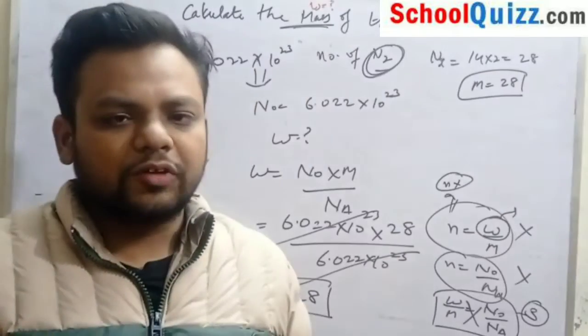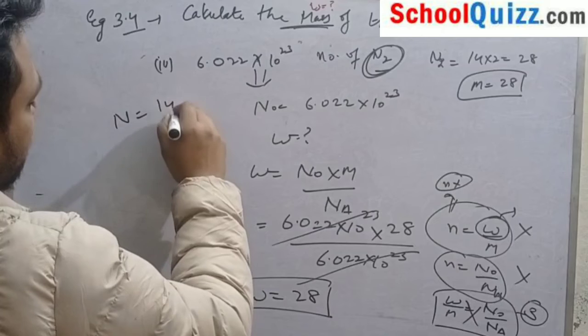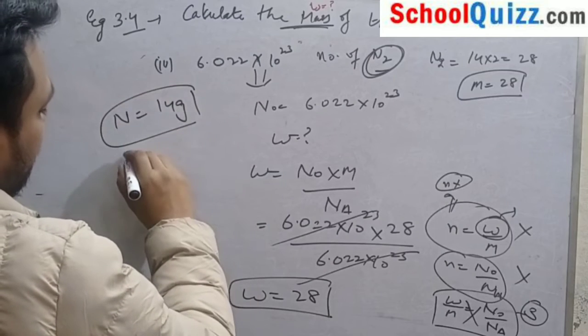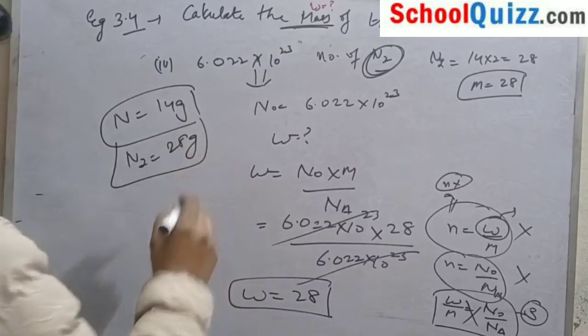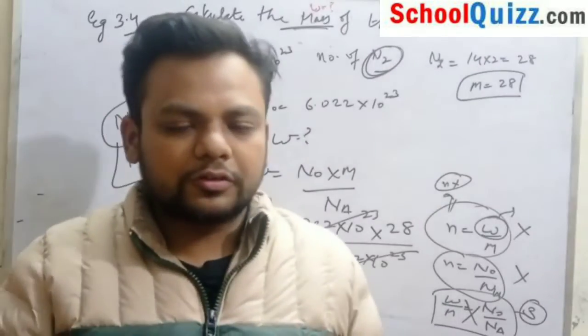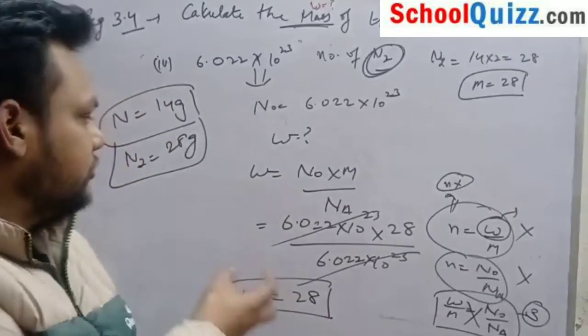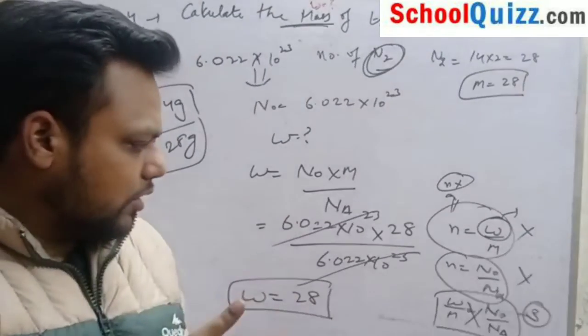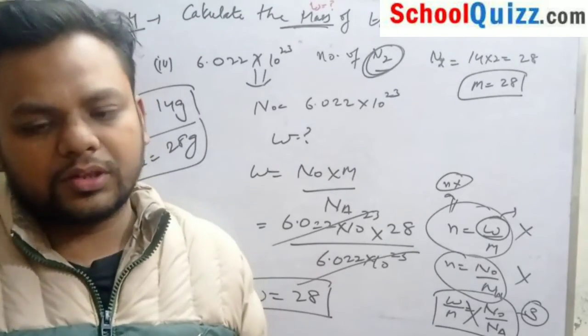One thing you can notice: when we take nitrogen, weight comes out to be 14, and when we take N2, it comes out to be 28. Suppose in the paper the question has both parts, you just have to double the answer.